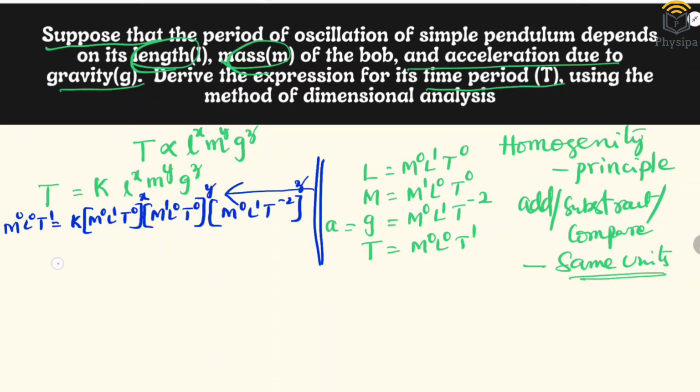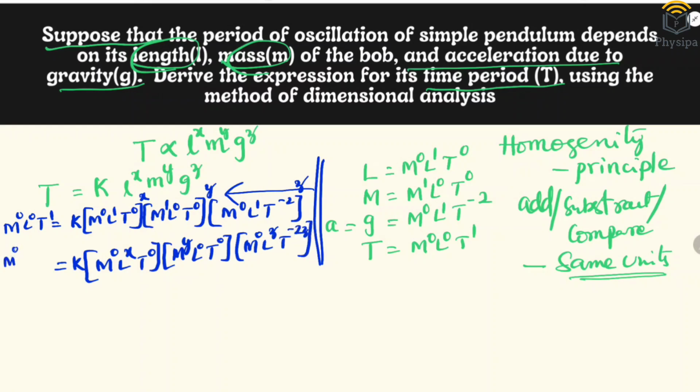Now by multiplying with the powers, we get k into M^0 L^x T^0, M^y L^0 T^0, next M^0 L^z T^-2z.